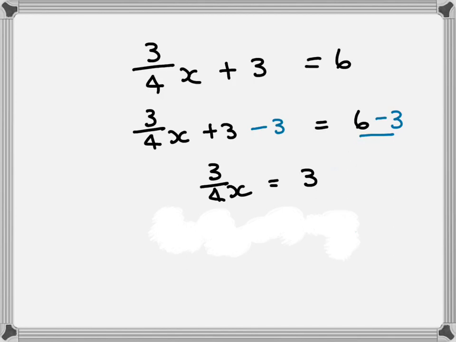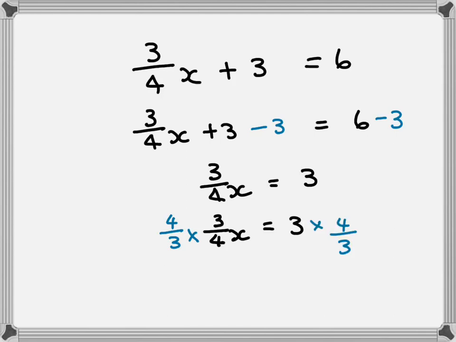Okay, right? Now, you can see we're still stuck with something on our variable. We have to isolate it by doing the inverse. So we're going to multiply by the inverse. Okay, so now we have times 4 over 3, because it's the inverse of 3 over 4. But because we did it on this side, we have to repeat it on the other side of the equal sign.